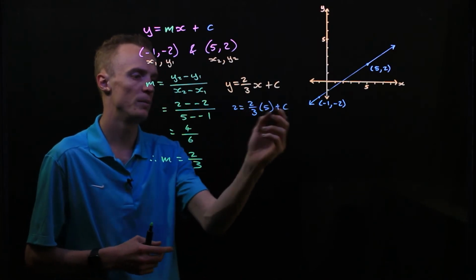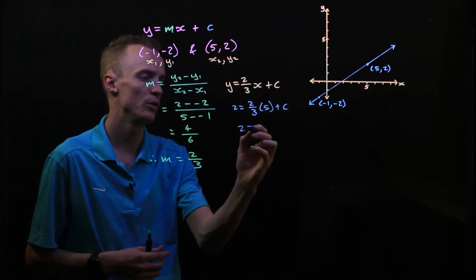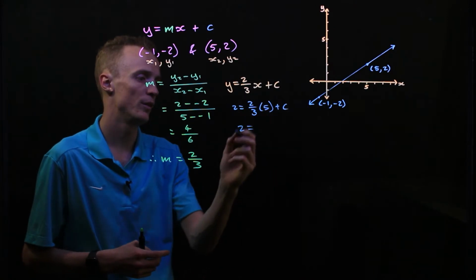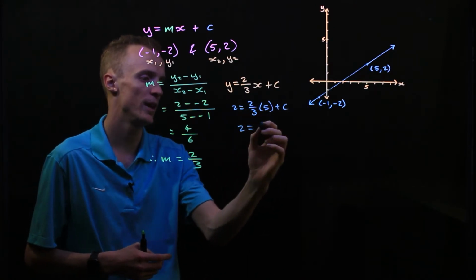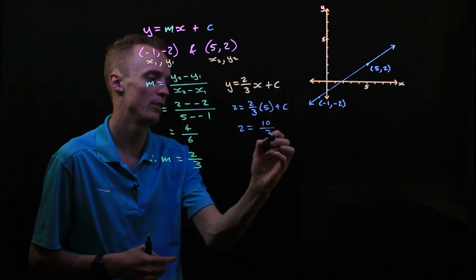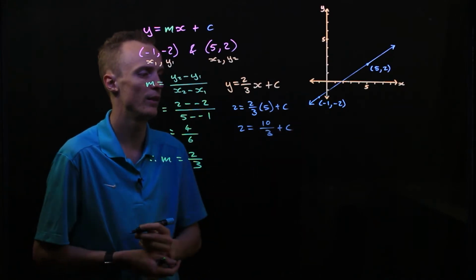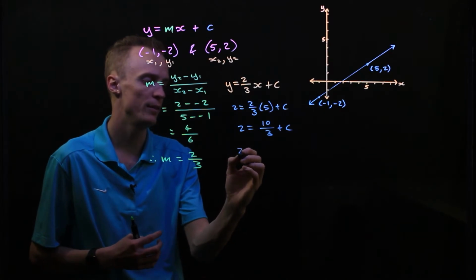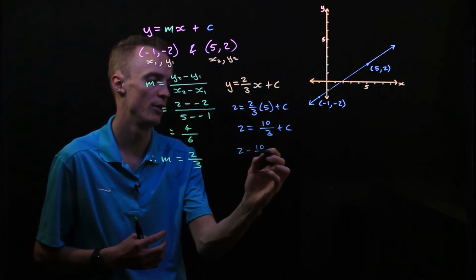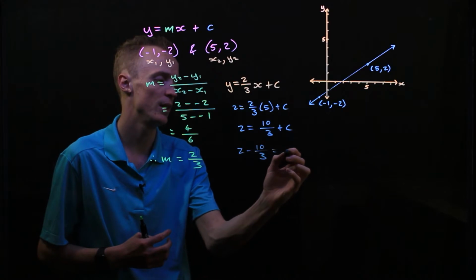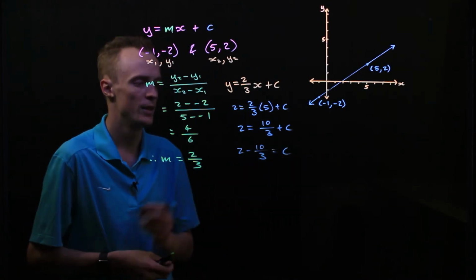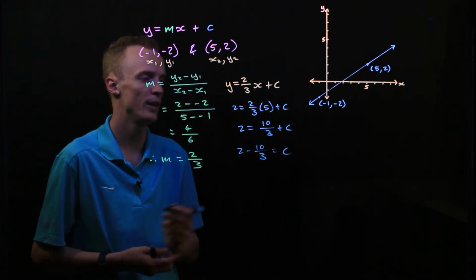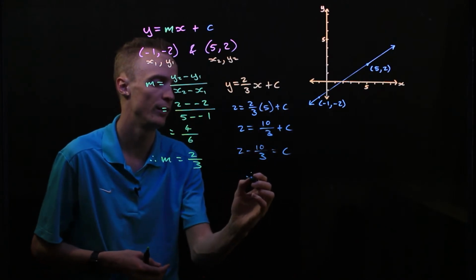So now let's just quickly multiply this out. So our 2 will equal 2/3 times 5, which is 2 times 5 is 10, so it'll be 10 on 3 plus our c value. So when I subtract 10 over 3 from both sides, what we'll have is 2 subtract 10 over 3 is equal to our c. So if I can do 2 subtract 10 over 3, I'll find what my y-intercept is.